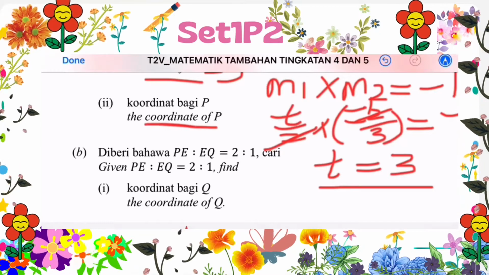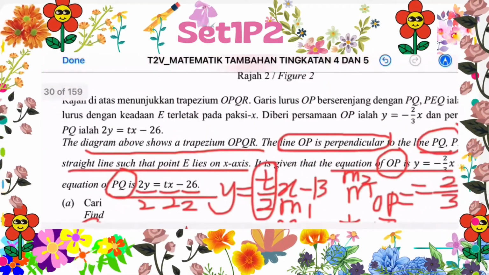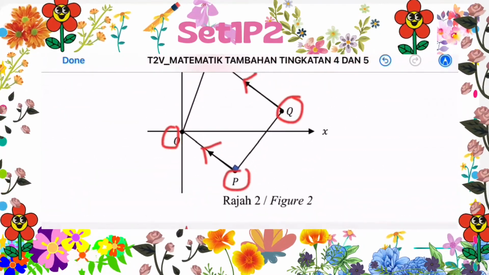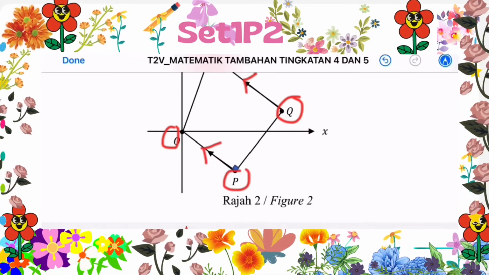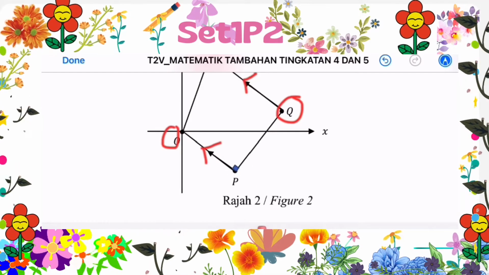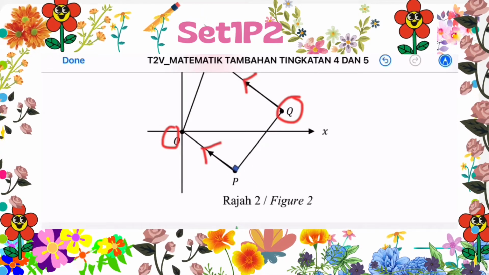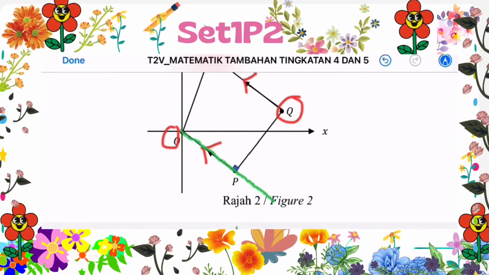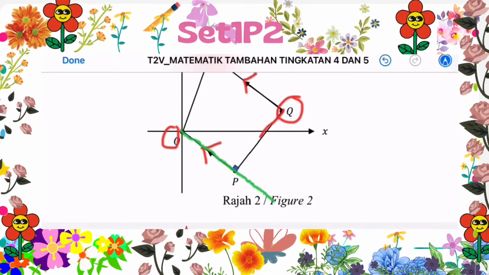Now we need to find the coordinates of point P. Where is the point P? Point P is here, the intersection between which lines? Between the green line and the red line.